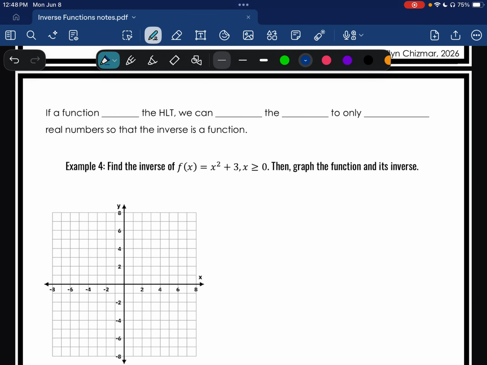So x squared plus 3 is a quadratic that's been moved up 3 units, and so its vertex is going to be here at 3, but I'm not going to plot any points to the left of that vertex. I'm only going to plot points to the right, so it goes over 1 up 1, over 2 up 4. Half a parabola.